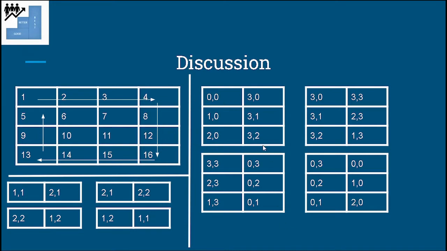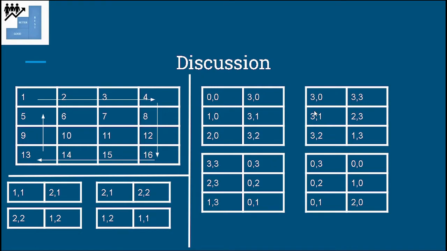As you can see, in this particular thing, the column remains constant. When we are traversing over here, column will remain constant, and whatever it is replaced with, there the row remains constant to 3.